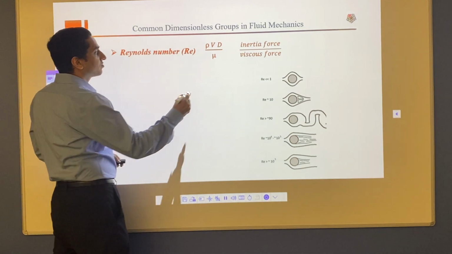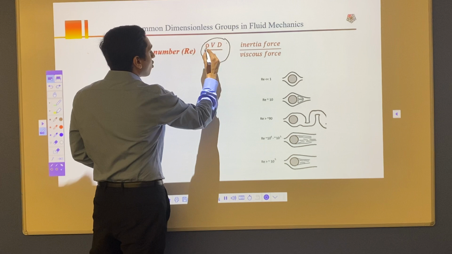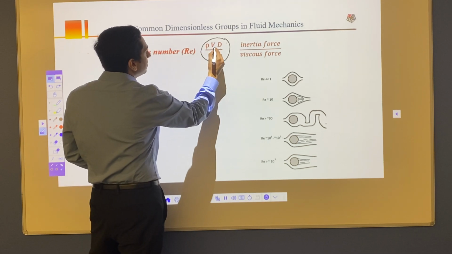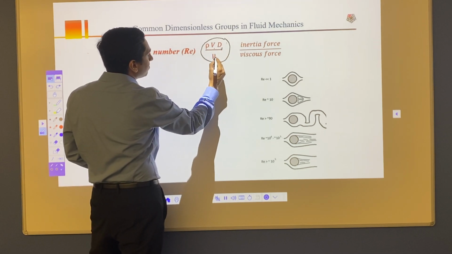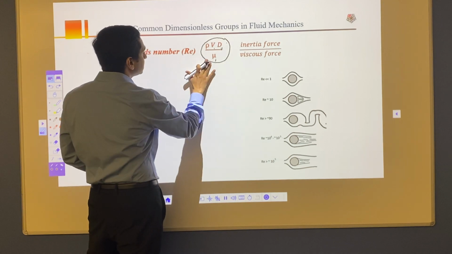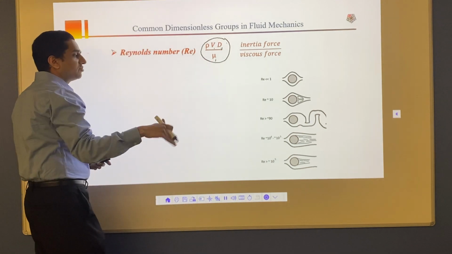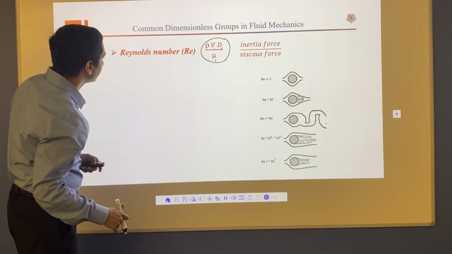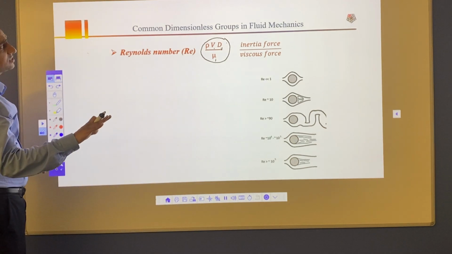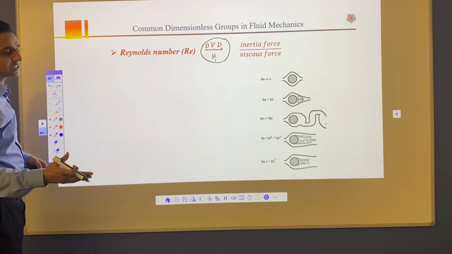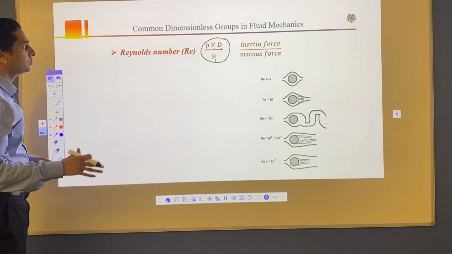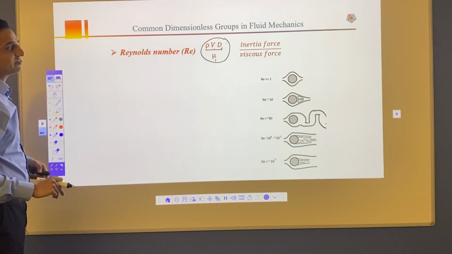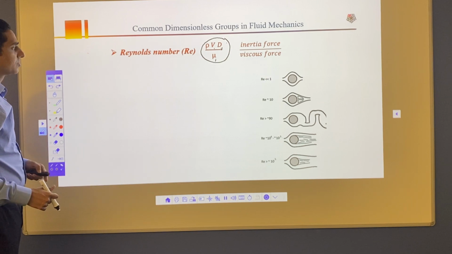Like this one, rho v d by mu: density, velocity, diameter by viscosity. This is known as the Reynolds number, and it will repeat itself. We will learn more about the Reynolds number later in chapter 8. For now, you just need to see that as you do experiments, some parameters repeat, so we already have some definitions and some idea about them.